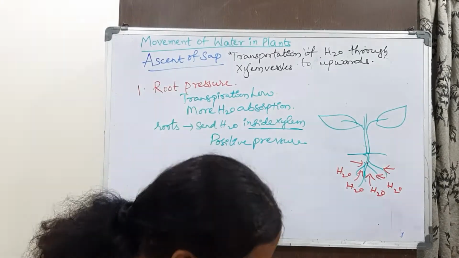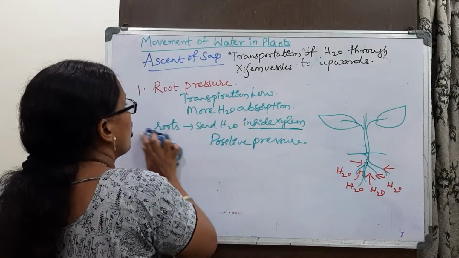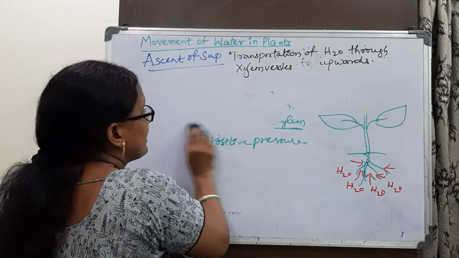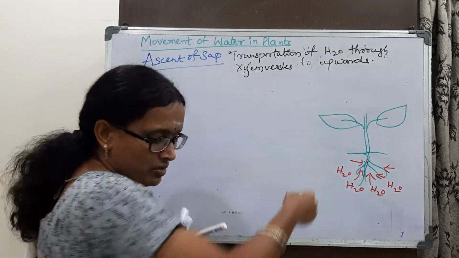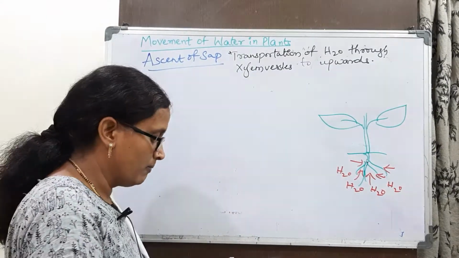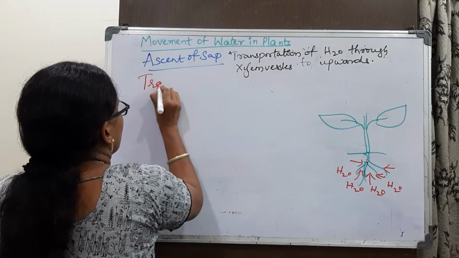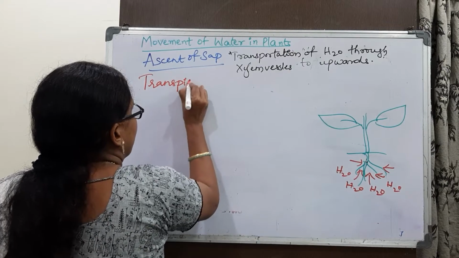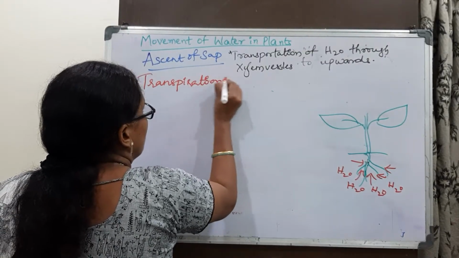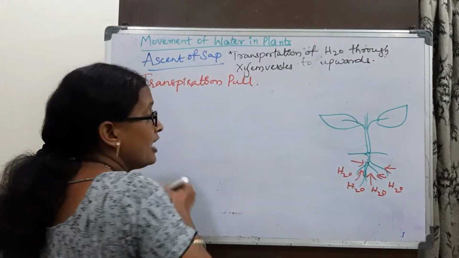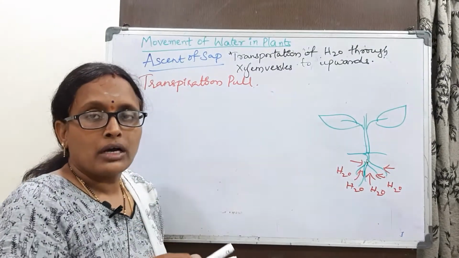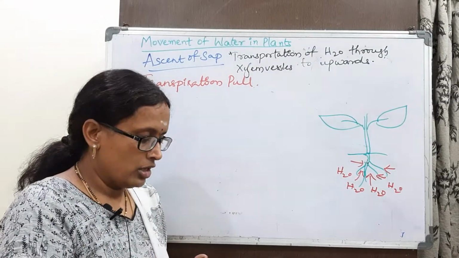When we talk of tall plants, a transpiration pull is created, which helps take the water upwards.